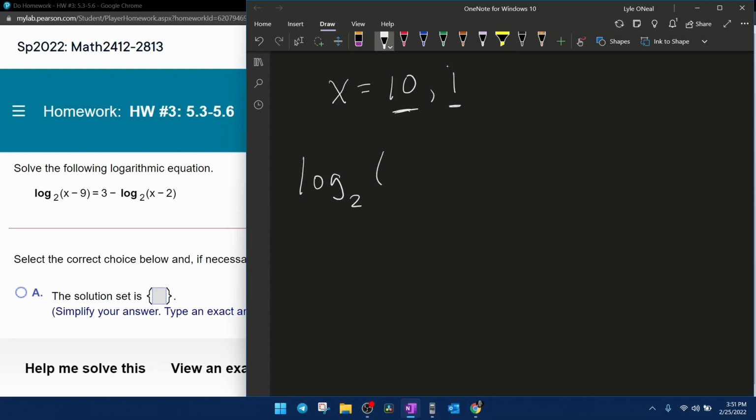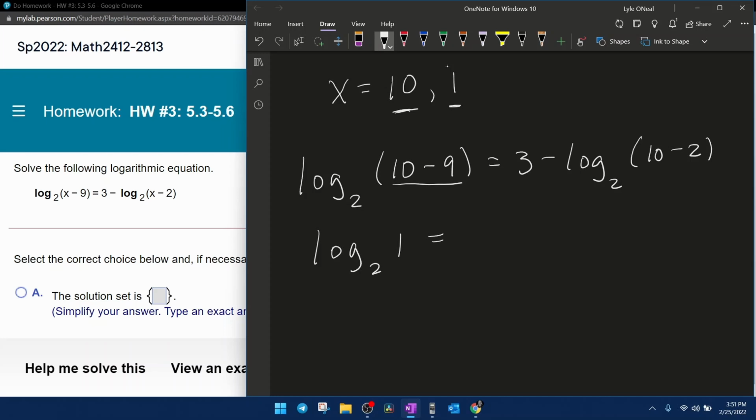So checking the 10 first, that's going to be log base 2 of 10 minus 9 equals 3 minus log base 2 of 10 minus 2. 10 minus 9 is 1. That's going to give me a log base 2 of 1. On the other side, 3 minus log base 2 of 8.